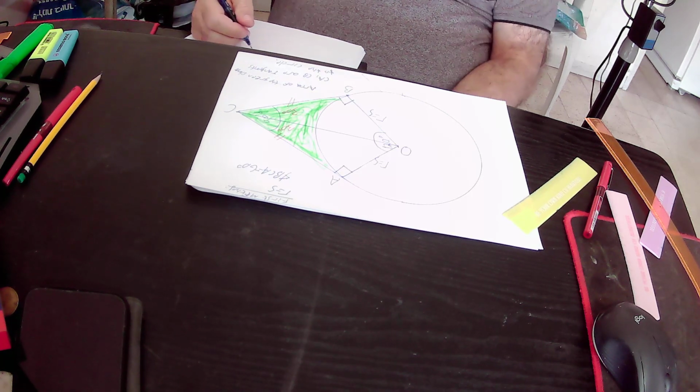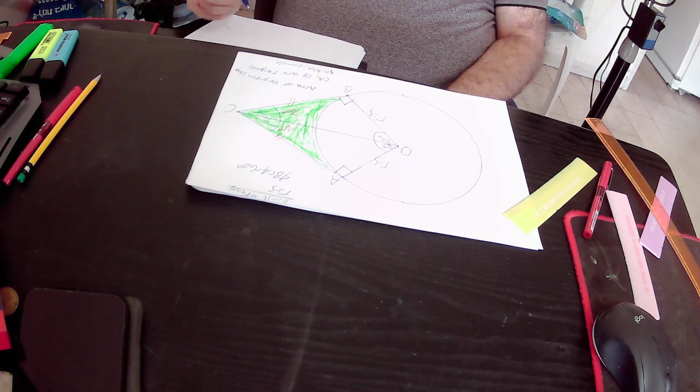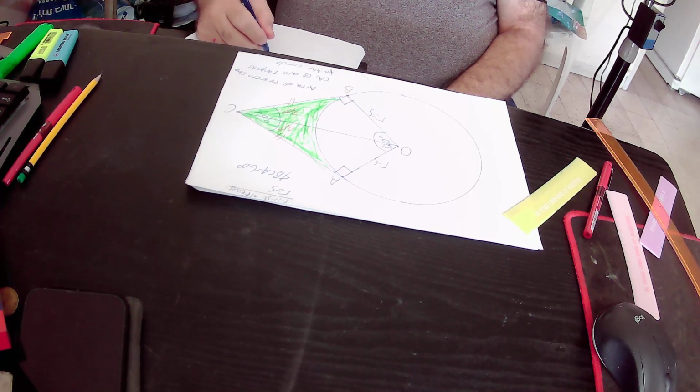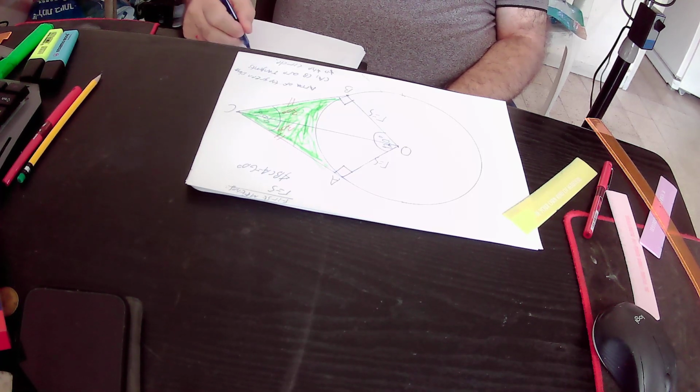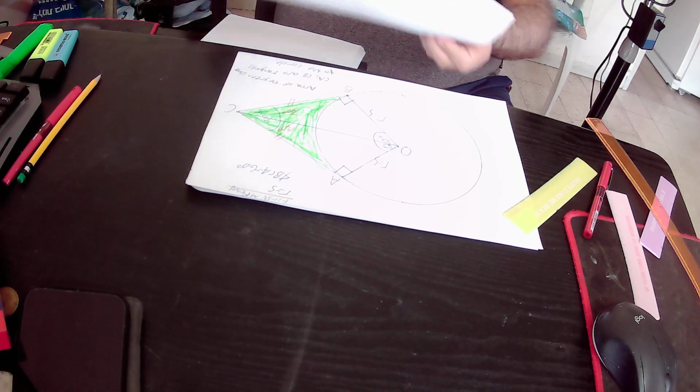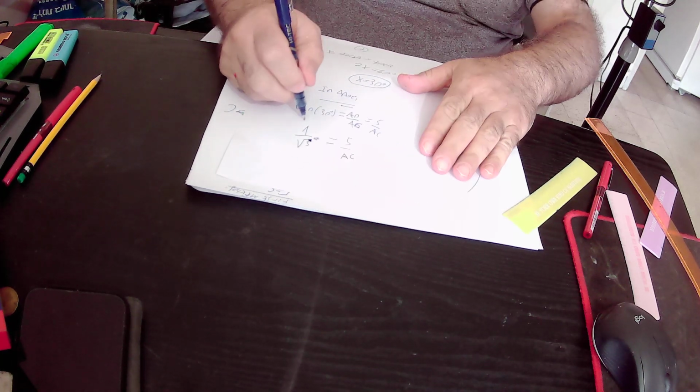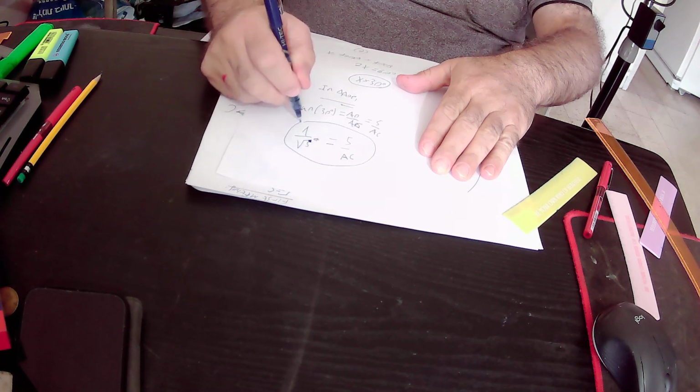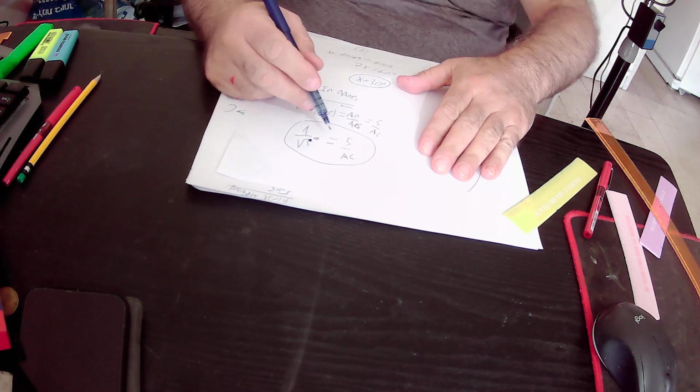So tangent 30 degrees equals 1 over root 3. We got this equality: 1 over root 3 equals 5 over AC.